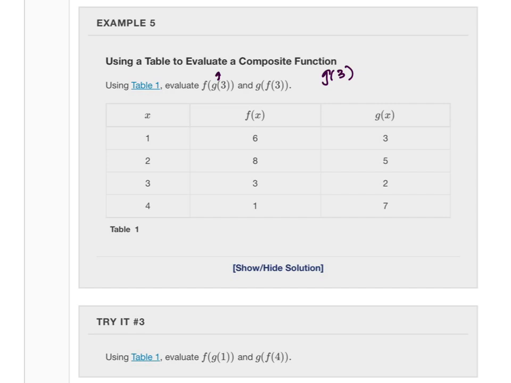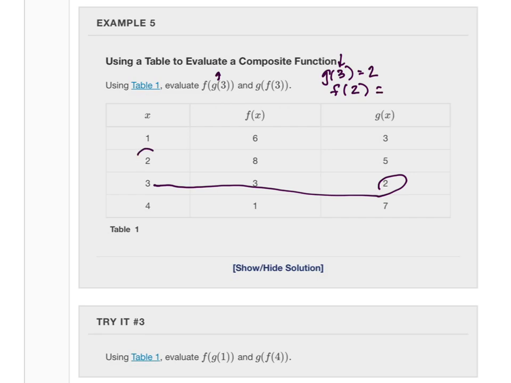So I go find my x value 3. G of 3 is 2. Can you see it? When x is 3, g of 3 is 2. So now I'm going to use that information to evaluate f of g of 3. Well, g of 3 is 2. So now I'm looking for f of 2.